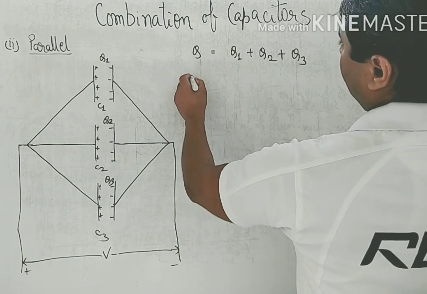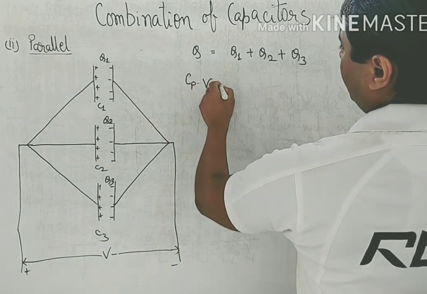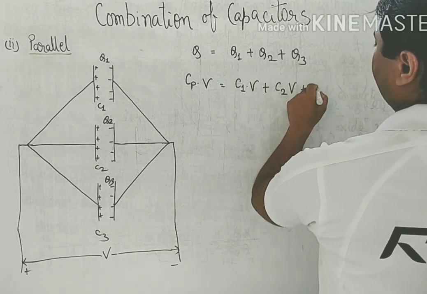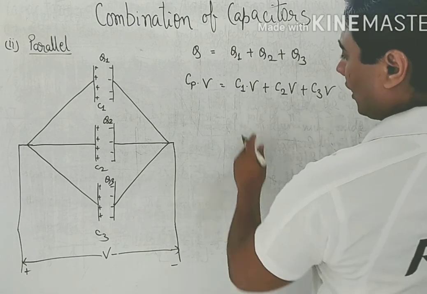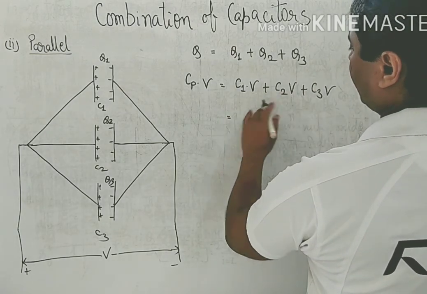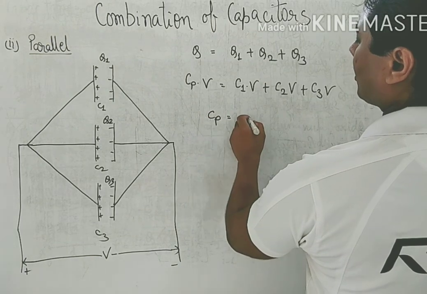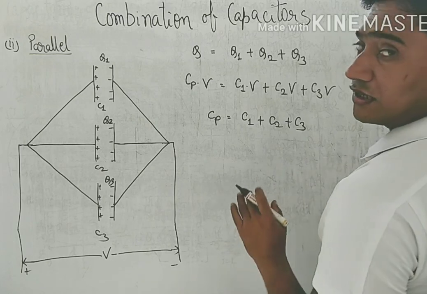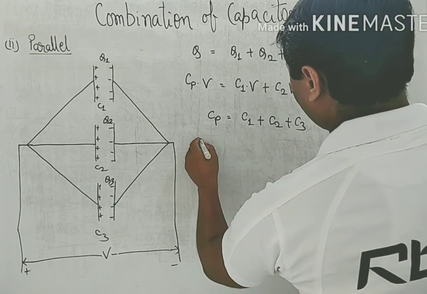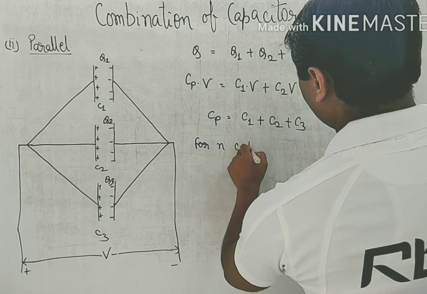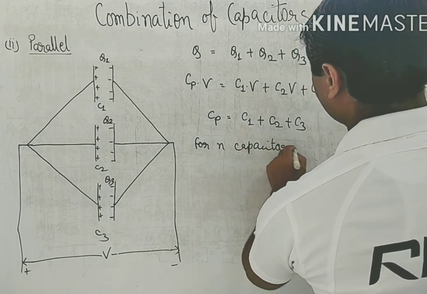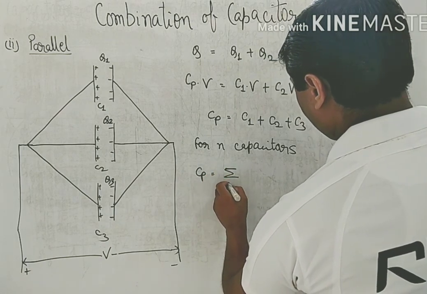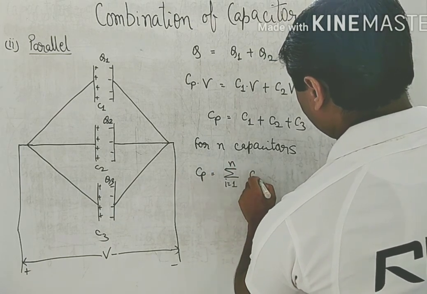So you can write Cp into V equals C1 into V plus C2 into V plus C3 into V. Now taking V common from the right hand side and cancelling it with the left hand side V, we have C1 plus C2 plus C3 as the outcome. Now for n number of capacitors in combination, we can say Cp is equal to summation over i equal to 1 to n of Ci.